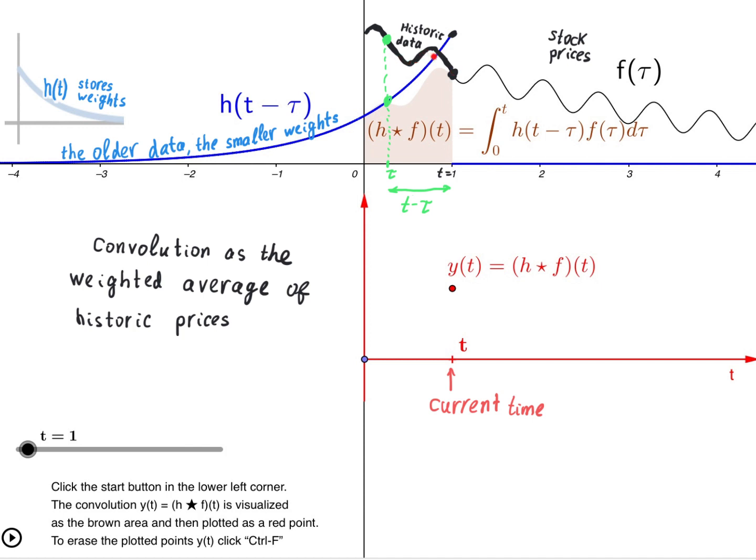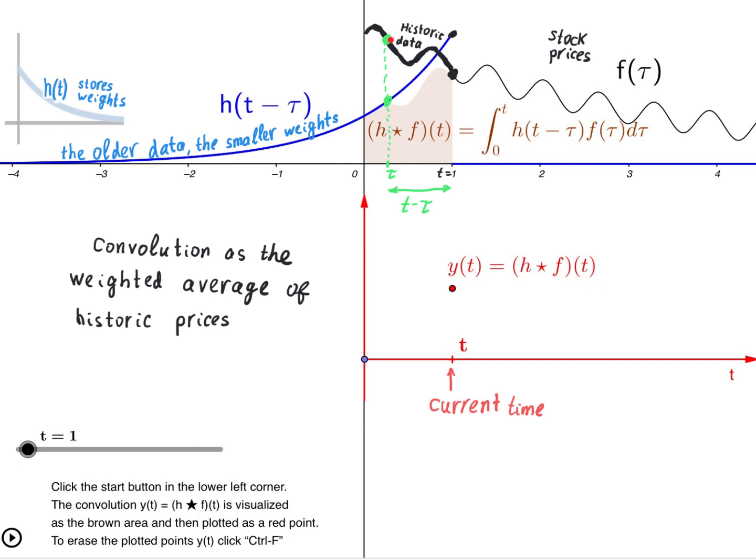Typical stock prices fluctuate a lot, and those fluctuations make it harder to see the trend. So one of the first things that researchers usually do is try to smooth the data. That is, at every time moment, they look at the preceding historic prices and take a weighted average of those prices.